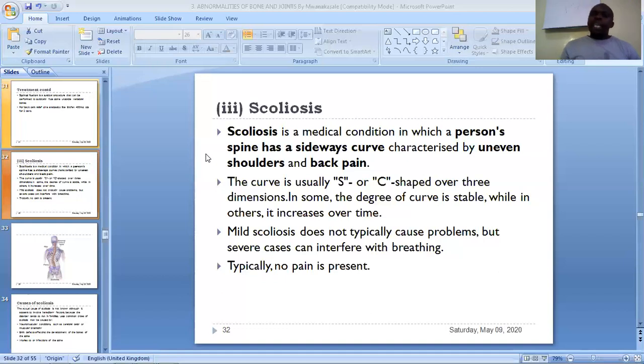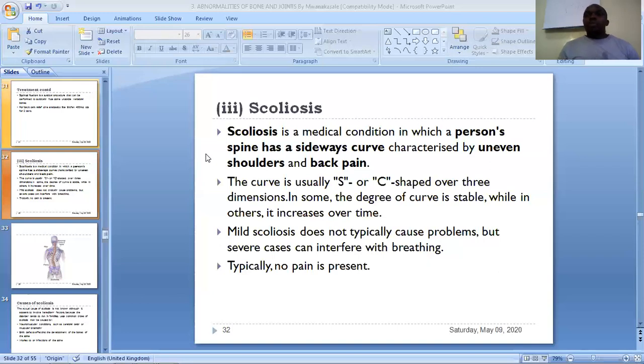What we mean by uneven shoulders is that under normal circumstances, each person, when they stand in an anatomical position, their shoulders appear to be at the same level to each other. But in the case where one has scoliosis, then the shoulders don't look to be at the same level. One will look a bit lower than the other.